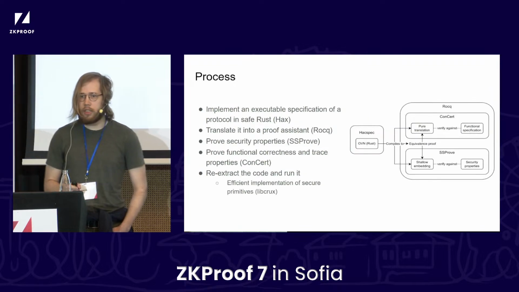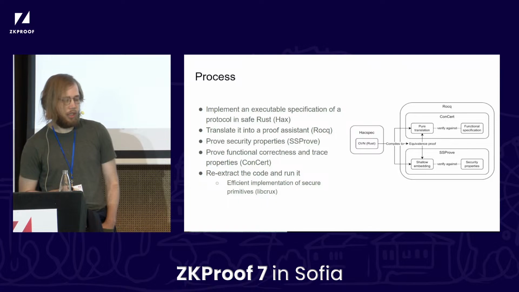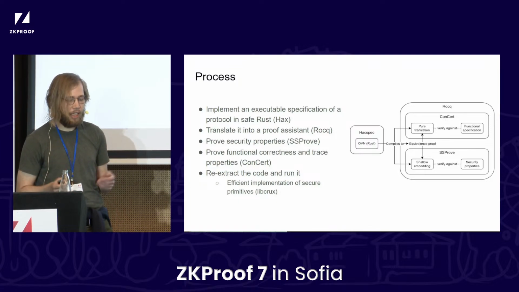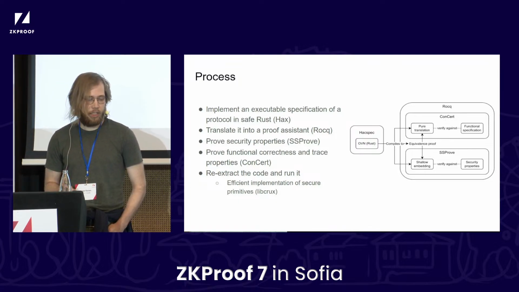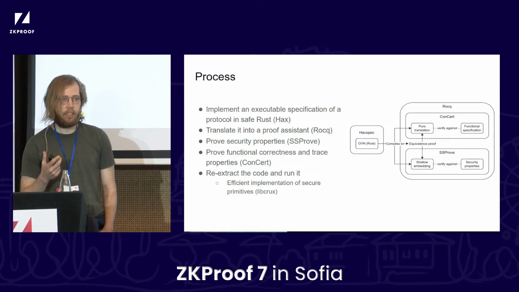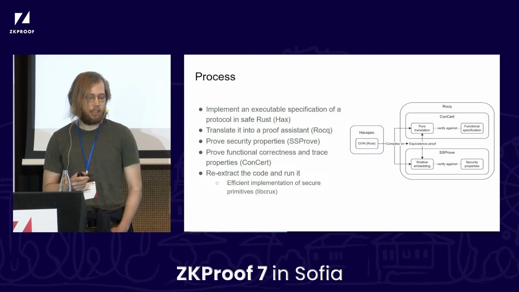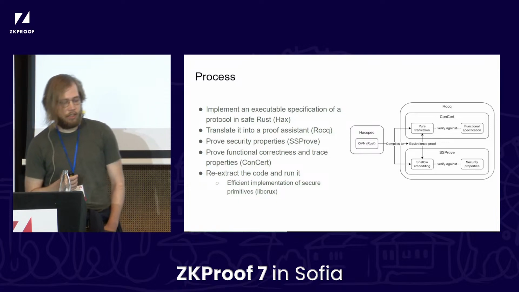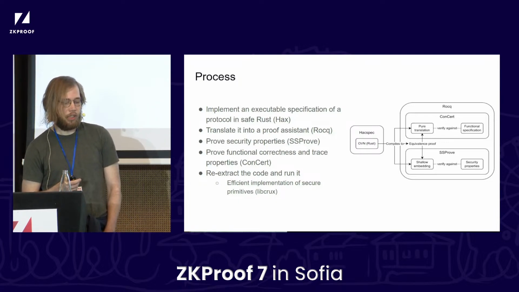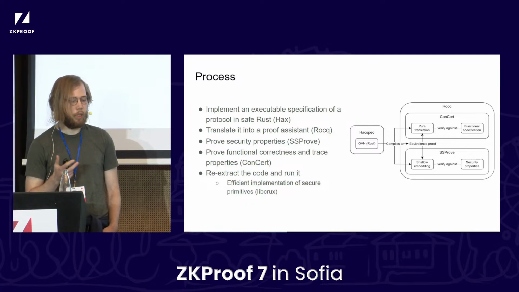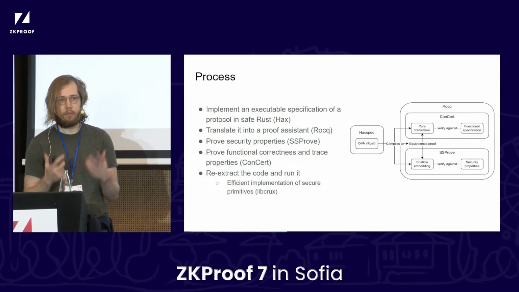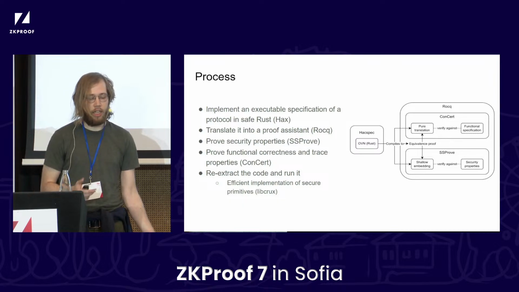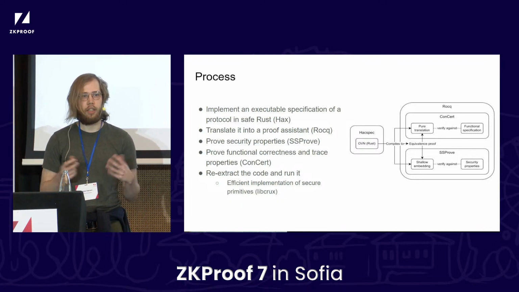So our process to try to alleviate these problems is to use Hacks for writing the specification. Hacks is a framework where implementing these things is done in a safe subset of Rust. The idea is that you can implement the specifications as a runnable specification, and then it has translations to a lot of different backends.